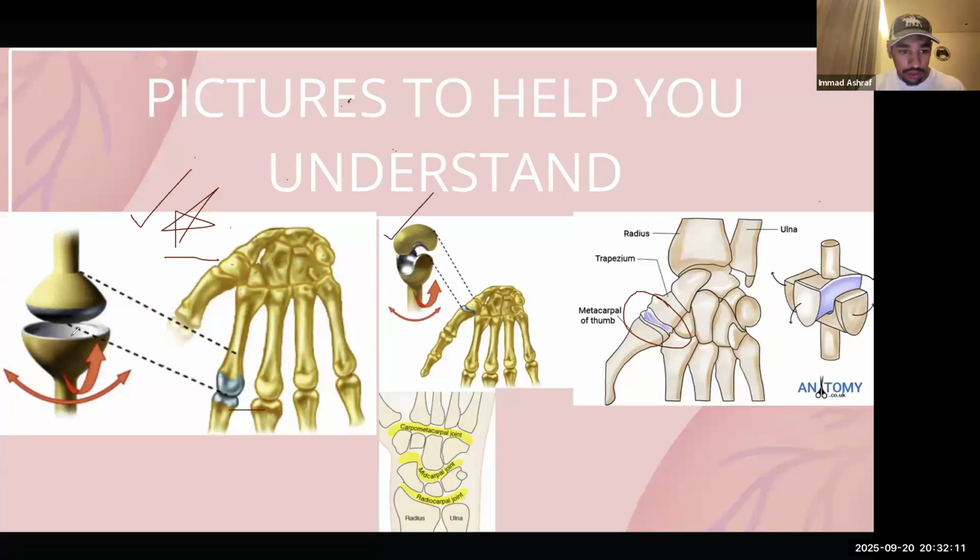In the condyloid joint, you see the lower bone is curved like this, and this is called concave. The upper bone is convex. On the other hand, over here, it's not like this.